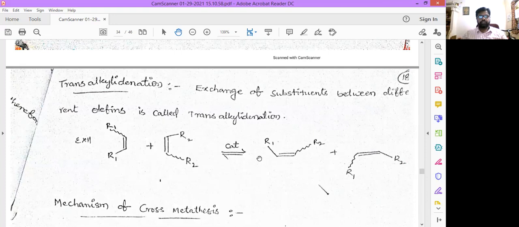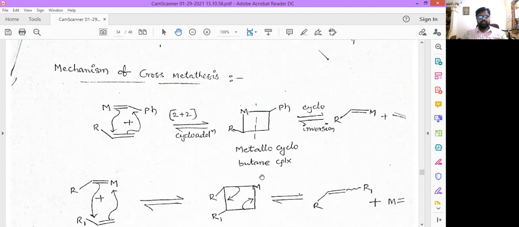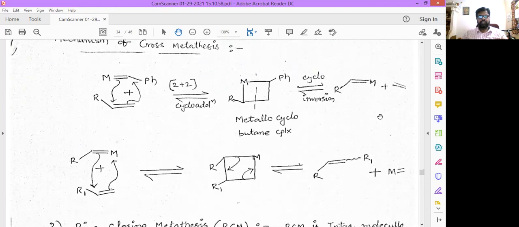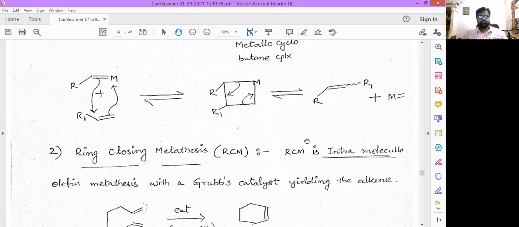But after the reaction, R1 moves from one position to another, R1 to R2, R2 to R1. So now you get R1-R2, R1-R2. So two different types of products, meaning this is the trans-alkyl exchange of substituents, right? This is the cross coupling mechanism, cross metathesis. So how they are exchanging themselves from one position to another.